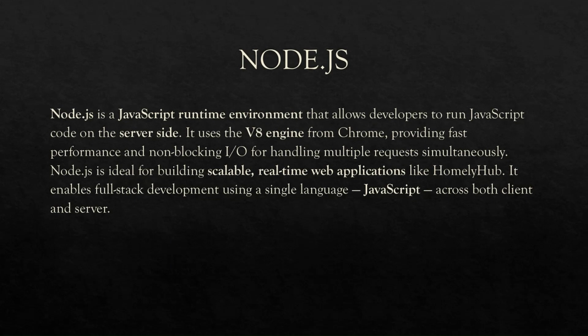It uses the V8 engine from Chrome, providing faster performance and non-blocking I/O for handling multiple requests simultaneously. Node.js is ideal for building scalable real-time web applications like Homely Hub. It enables full-stack development using a single language, JavaScript, across both client and server side.